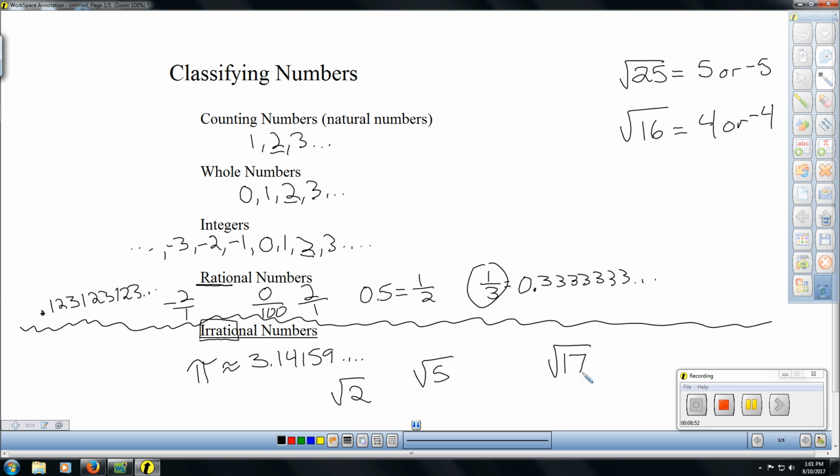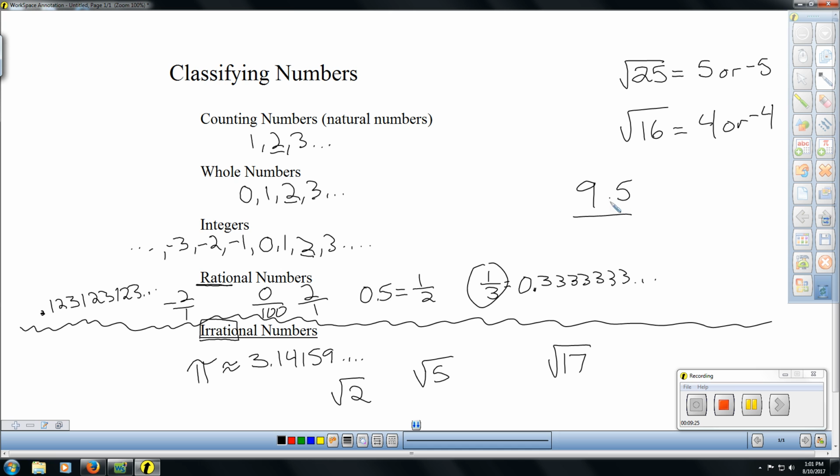So again, when we're classifying numbers, how do you go through it? Well, I recommend you start with counting numbers. For example, if I'm looking at the number 9.5 and I want to classify it, always start at counting. Is this a number that I count with? Well, 9.5, no, I don't count with that, so it's not a counting number. Is it a whole number?